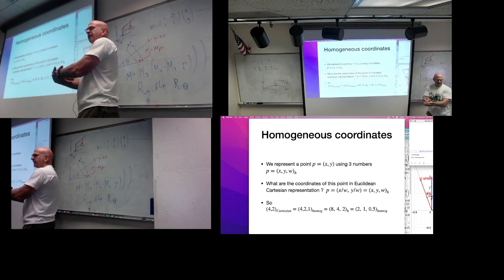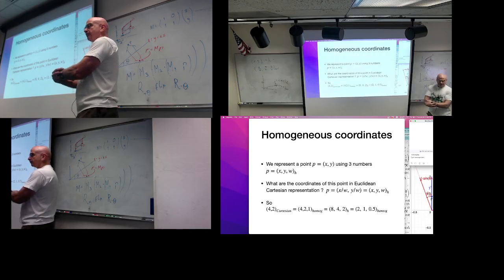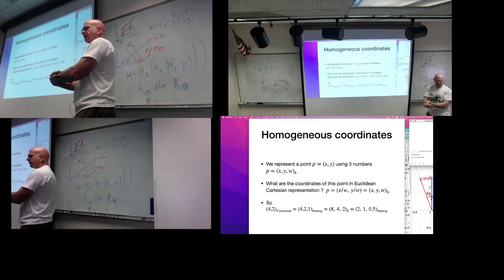Can somebody think of a transformation that involves homogeneous coordinates? I didn't have to ask, but transformation from 3D to 2D. Where do we have transformation from 3D to 2D? Projection. Perspective projection.